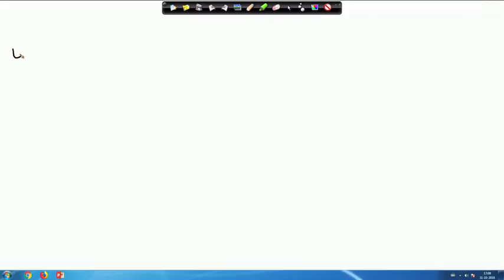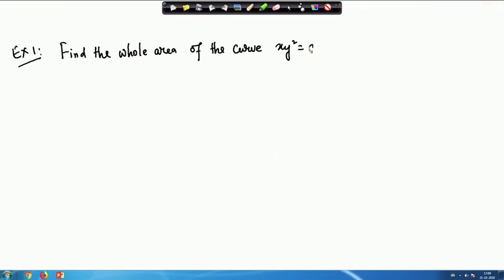So let us consider another example. Let's say example 1 for today, and this example says: find the whole area of the curve x y square equals a square times (a minus x), and the y axis.